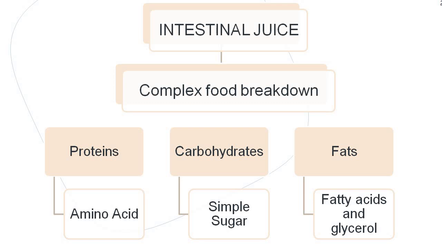When you reach the final stage of digestion, the complex proteins have been broken down into amino acids, the carbohydrates into simpler sugars, and the fats into fatty acids and glycerol.